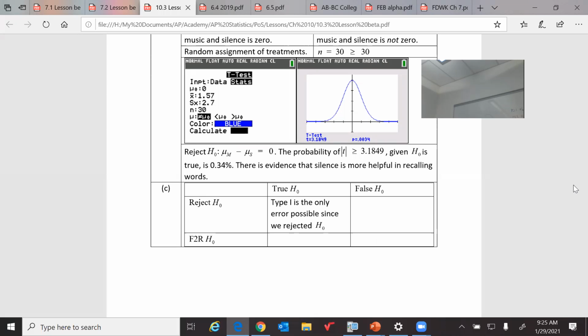And then, ready? We rejected the null. And the p-value, you don't need to double because it's a two-tailed test. The p-value is less than 1%. So if we do a confidence interval of 99%, we would not anticipate finding 0. Well, we can't find 0. We did something wrong.